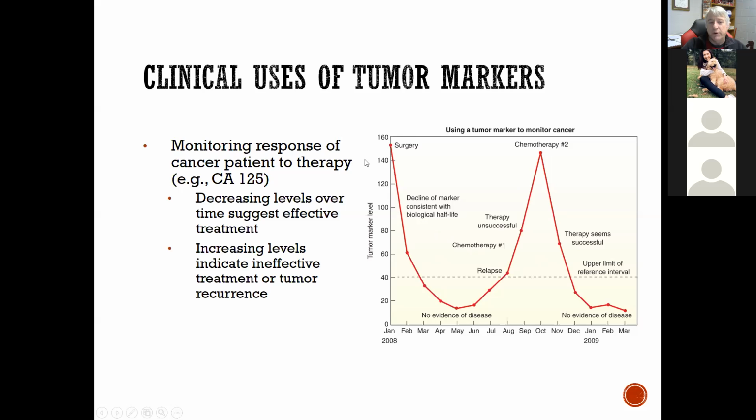I know all cancers touch everybody, but this is normal. We're working to get to here, whether it's through surgery or chemotherapy, radiation, whatever the treatment is, and we hope to stay here. If it comes back out, then we have the relapse, and then we go back.